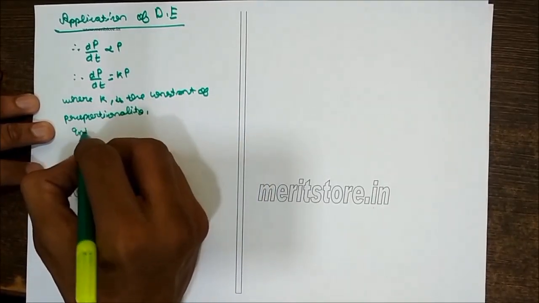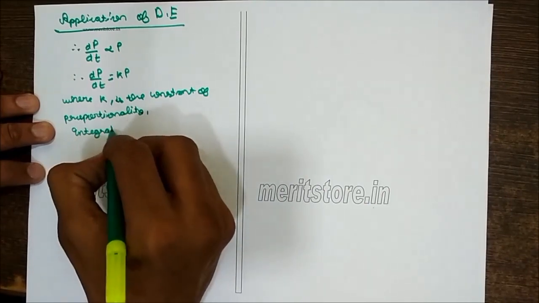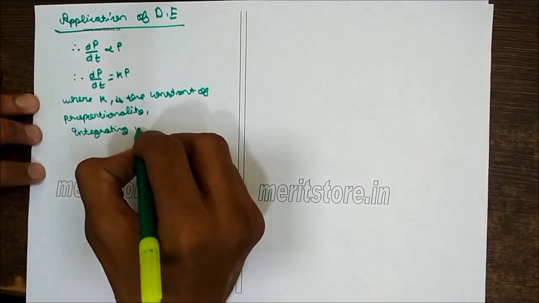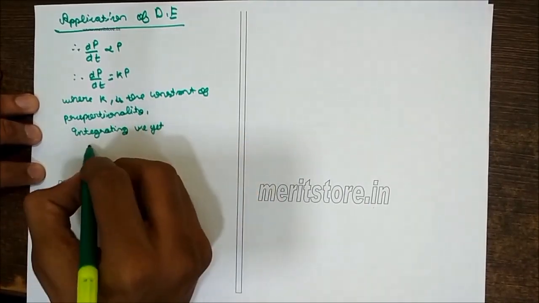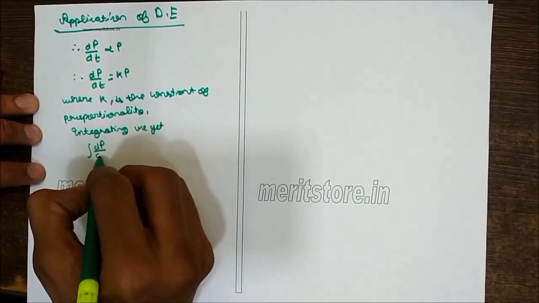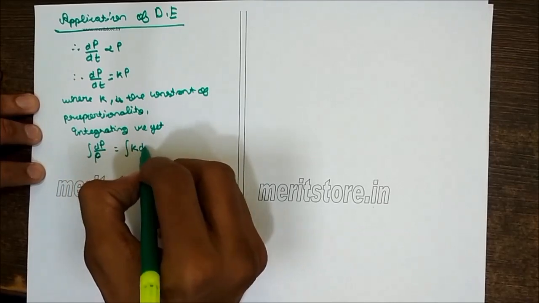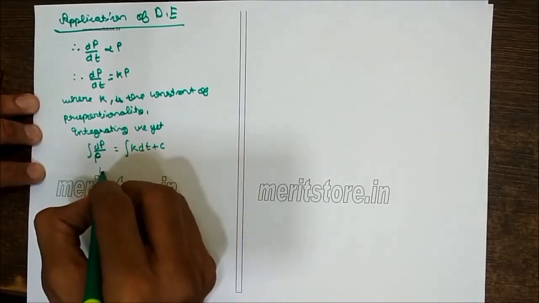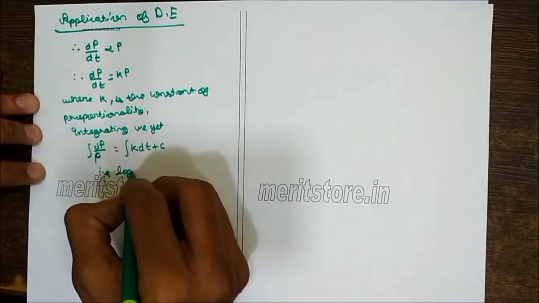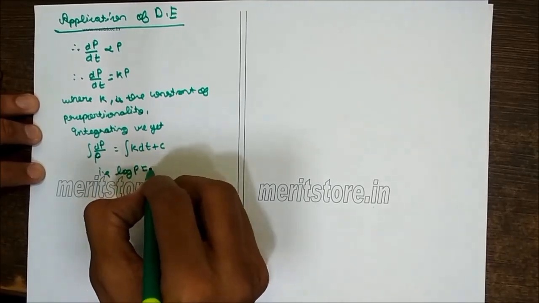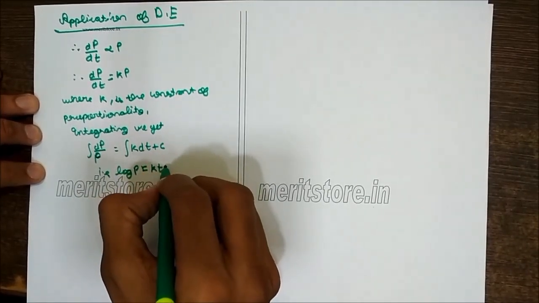So now integrating, we get ∫dP/P is equal to ∫k dt plus c, that is log of P is equal to kt plus c.